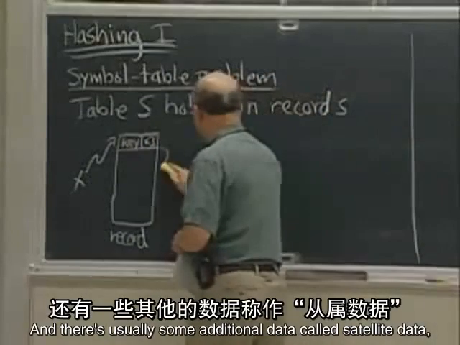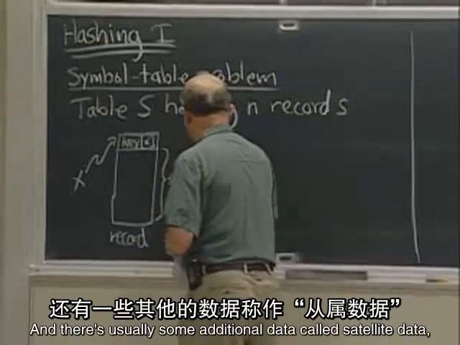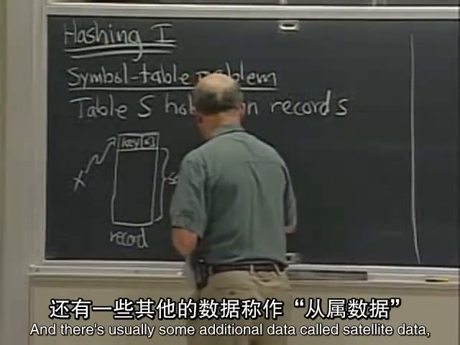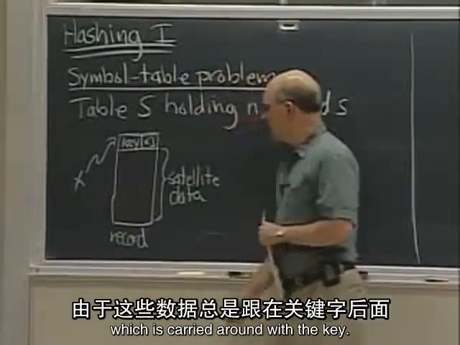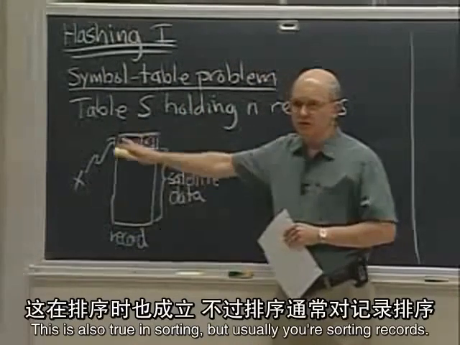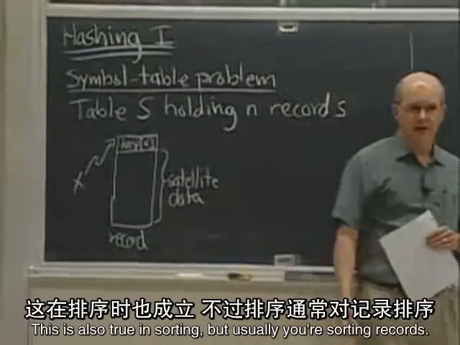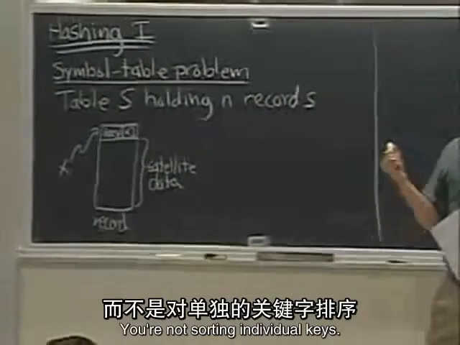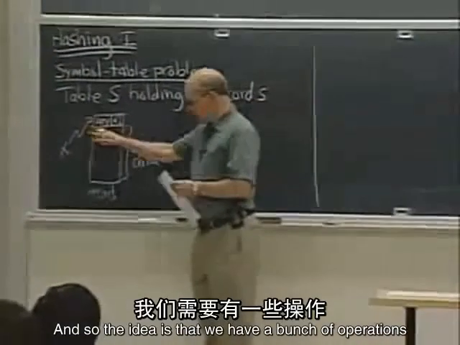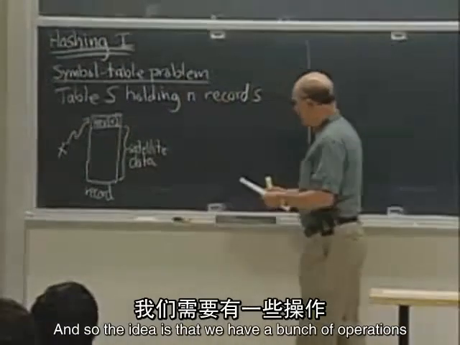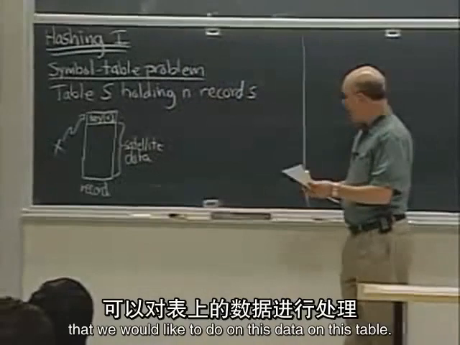And there's usually some additional data called satellite data, which is carried around with the key. This is also true in sorting, that usually you're sorting records, you're not sorting individual keys.